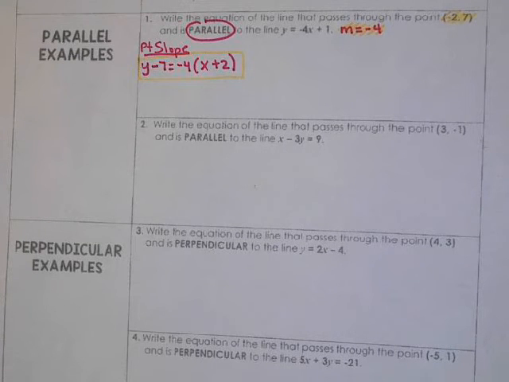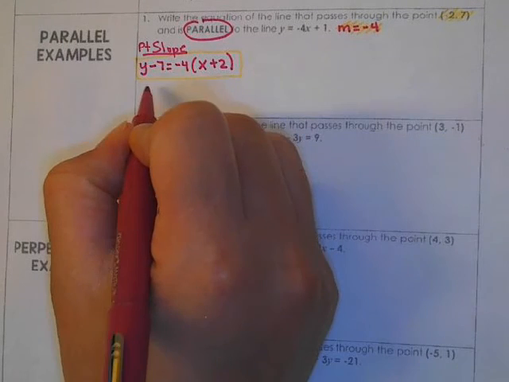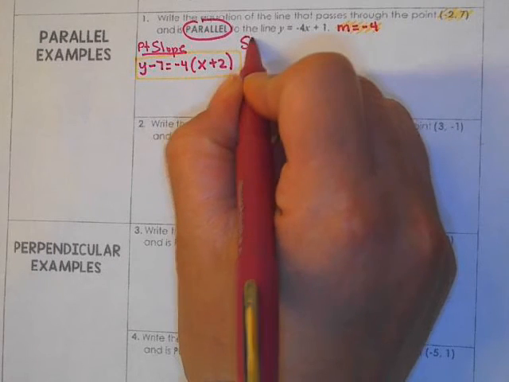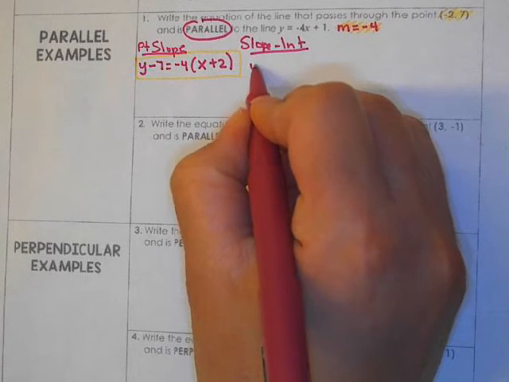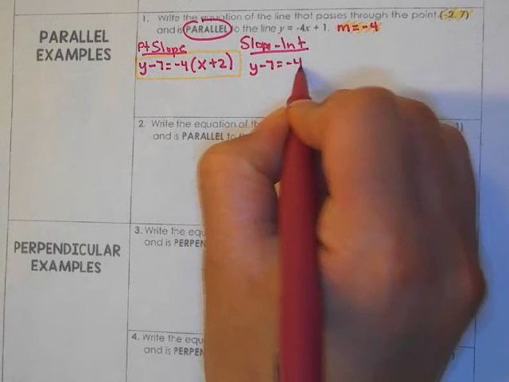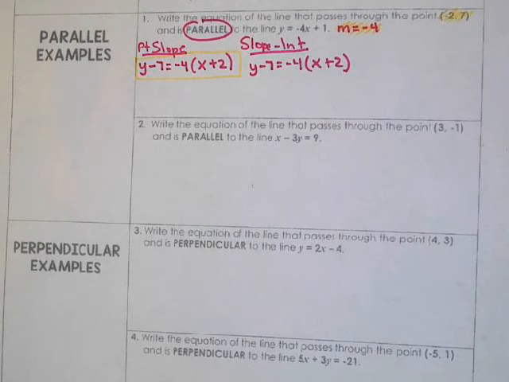Now you're going to take that point slope and put it in slope intercept. So you're going to do that by doing the distributive property.